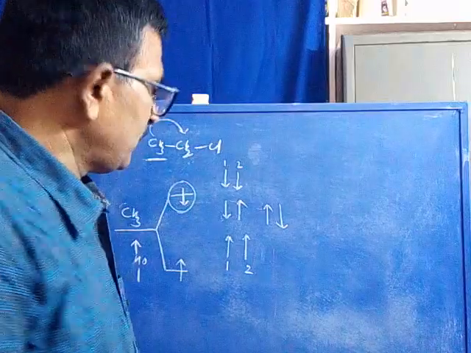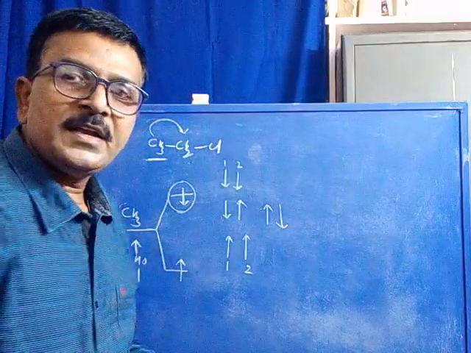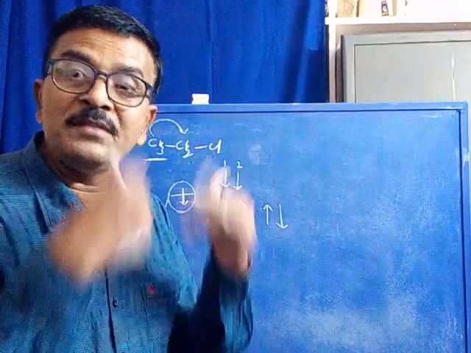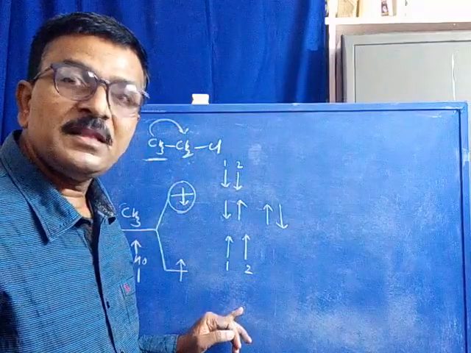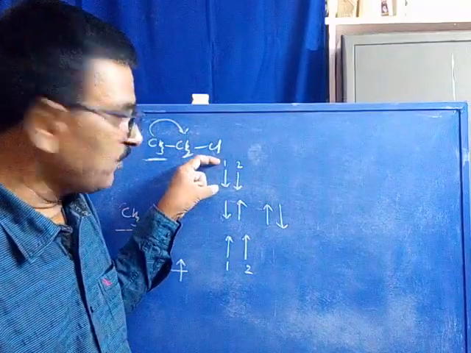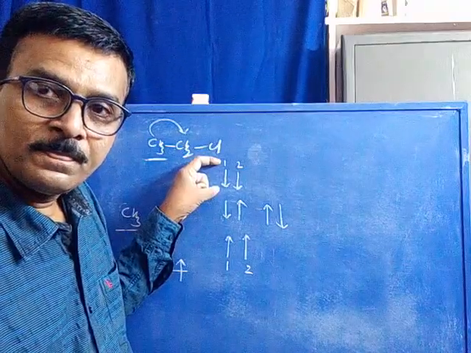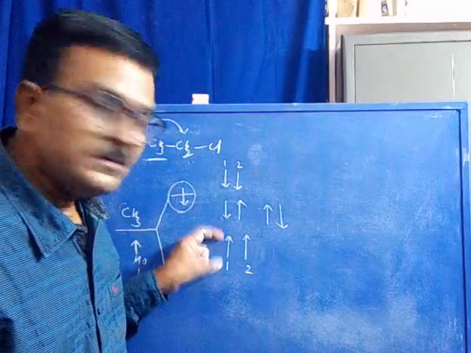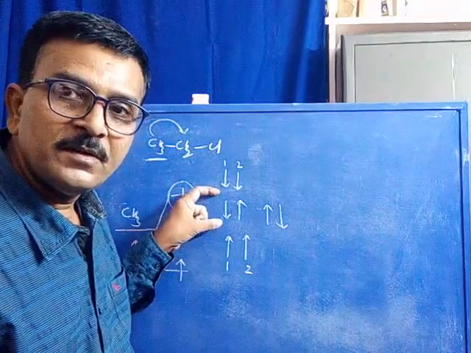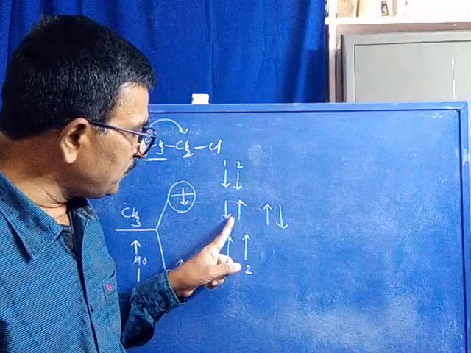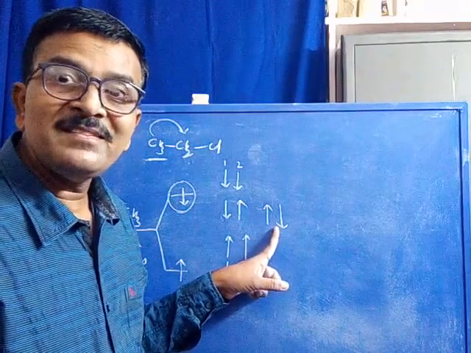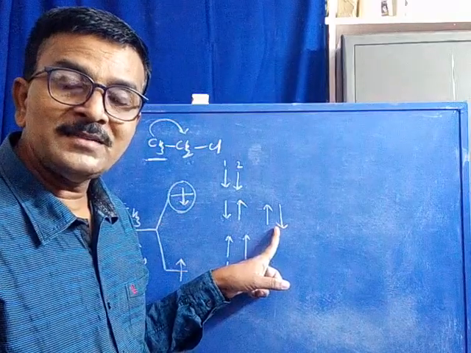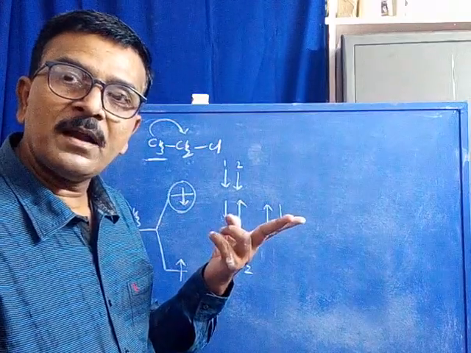So these are the possible orientations for CH2 when CH3 is coupled. How many possibilities are there? Three orientations. This is one orientation, this is the second orientation, this is the third orientation. Now this orientation is the same, but the combination is different. What is the orientation? One parallel with one anti-parallel.